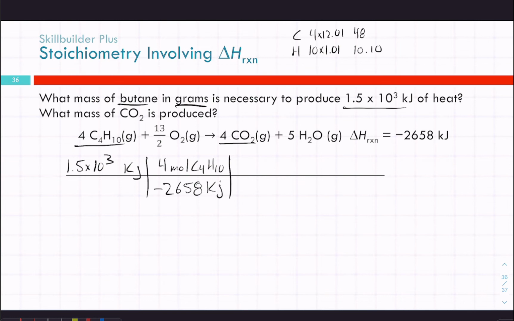This is 48.04, 58.14. This is grams per mole butane. So we want grams, so we're going to multiply by grams. 58.14 grams C4H10.